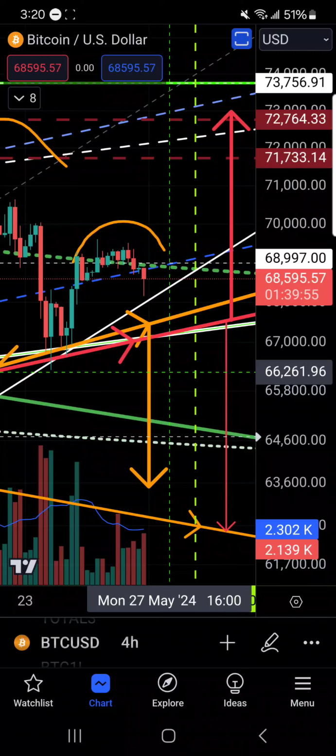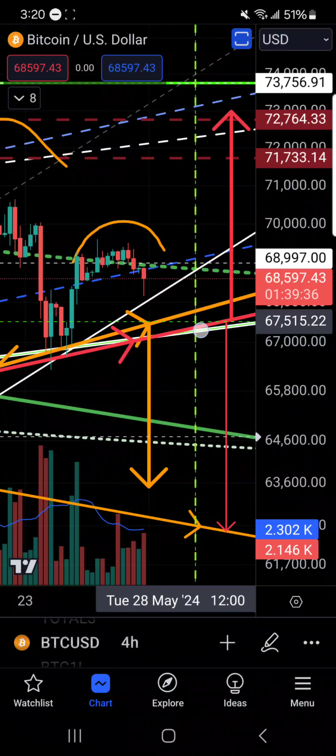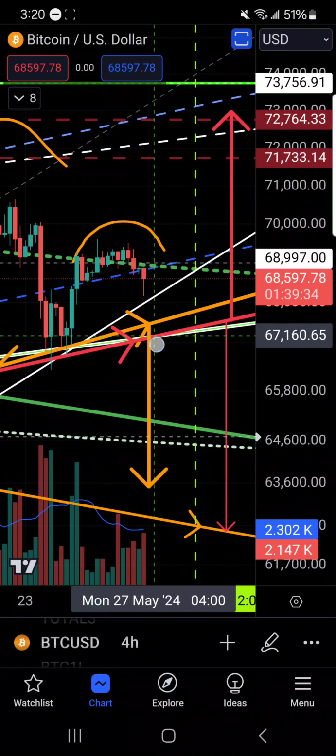If they can screw around and do whatever they want on the weekends, as long as the charts look good for institutional investors and the pension funds and all the big money they're trying to pull in, that's all fine and dandy. So if we did see a dump, I'd expect it before this green line, somewhere coming up here.